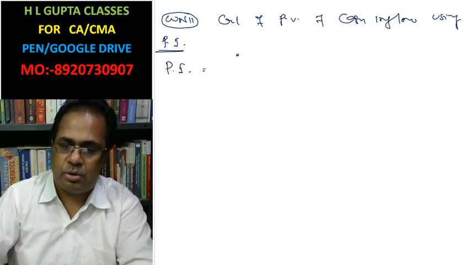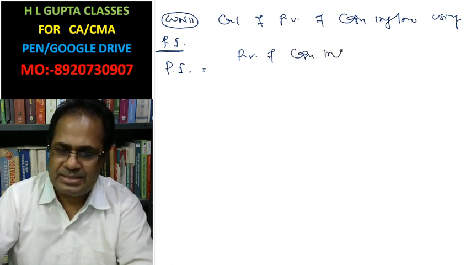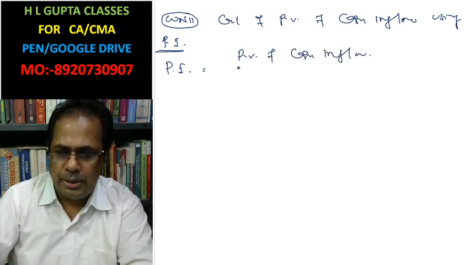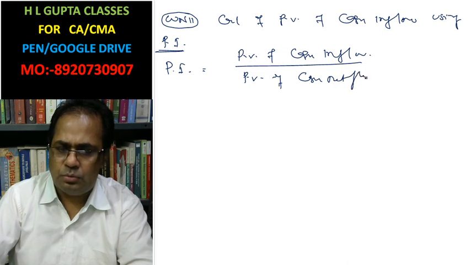Profitability index equal to present value of cash inflow divided by present value of cash outflow.